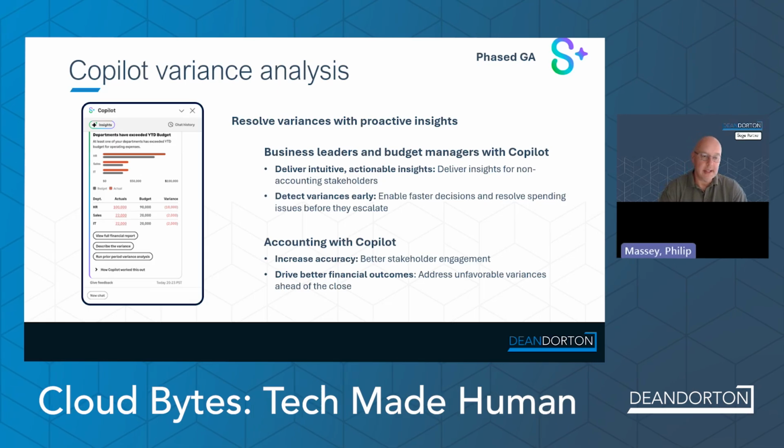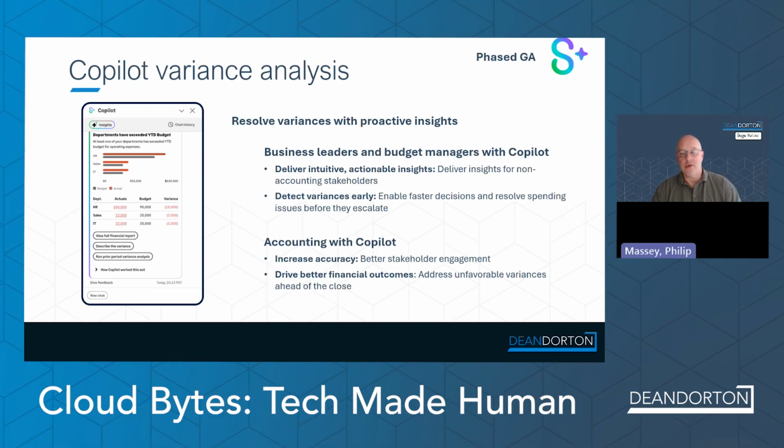Something that normally takes a lot of manual effort, generating reports, things like that, now can be condensed down into one simple question within the Sage Copilot, right? So again, moving you towards something that would be considered a continuous close, because you could pull this up anytime, any day, and check your variance analysis.